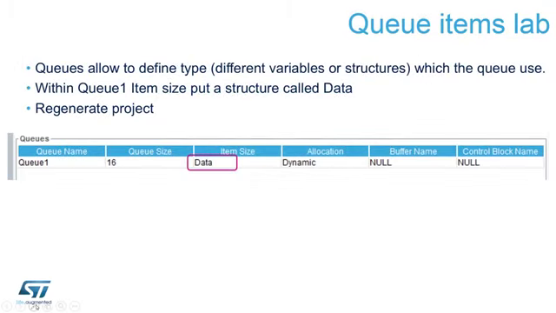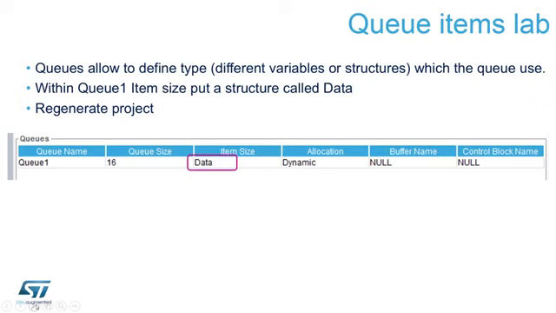So additionally, we can create a queue with a different data size. This is again a very interesting example, because now with this you can send objects with a bigger size.